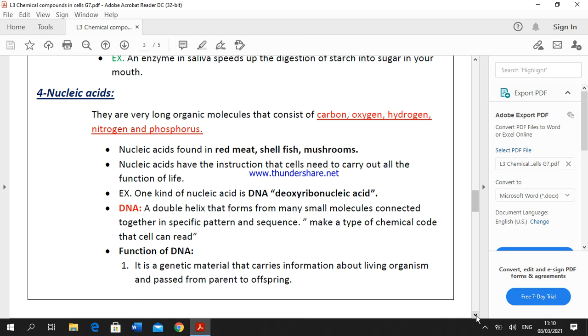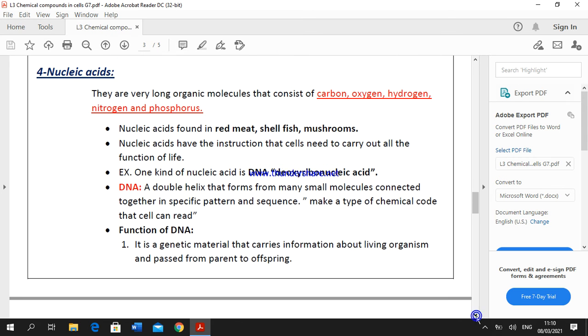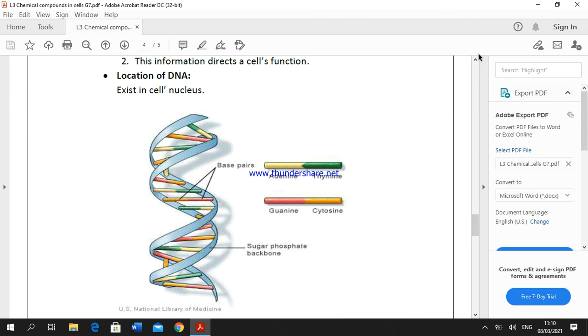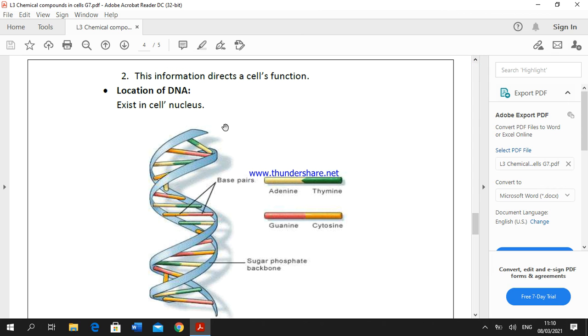One kind of nucleic acid is deoxyribonucleic acid, which is symbolized by DNA. When you look at the figure of the DNA, we note that DNA is a double helix, as we see.